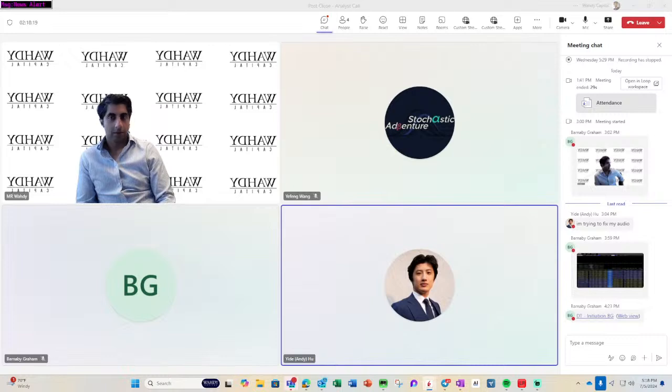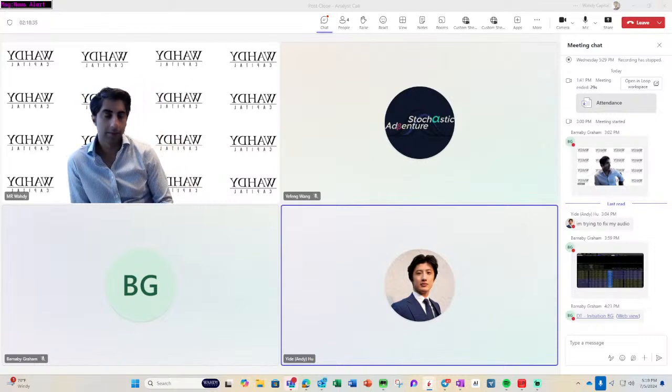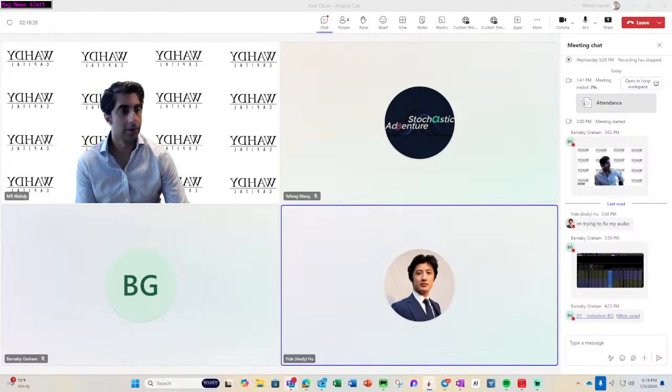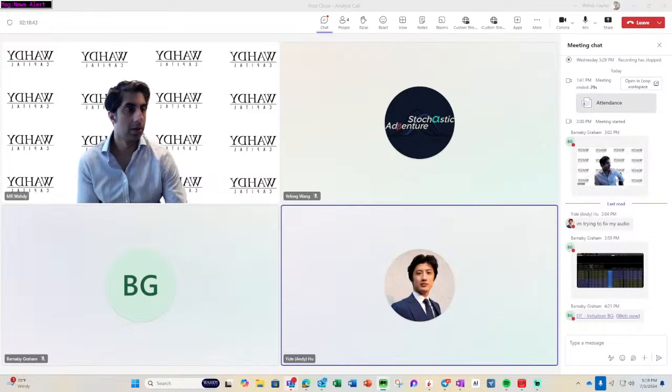On the Lucid side, because they haven't reported, I assume it's going to beat the number, because Rivian and Tesla were pretty strong in the US, and Lucid is also on the US side. And the valuation right now on Lucid is within this range of like 4 to 4.5 times.